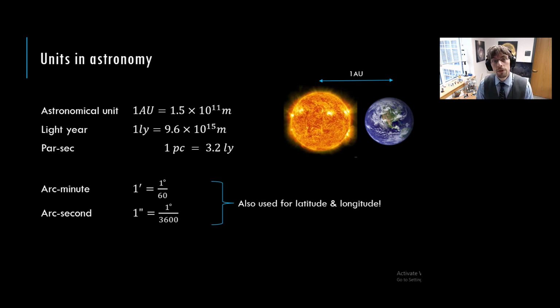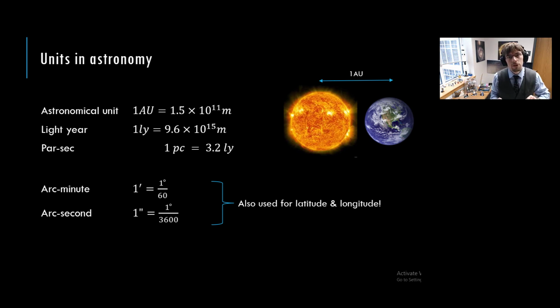I'll give you the physical basis. How far away from the Earth do I need to be such that the separation between the sun and the Earth is 1 arc second?